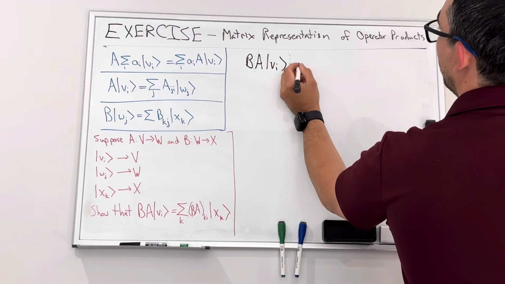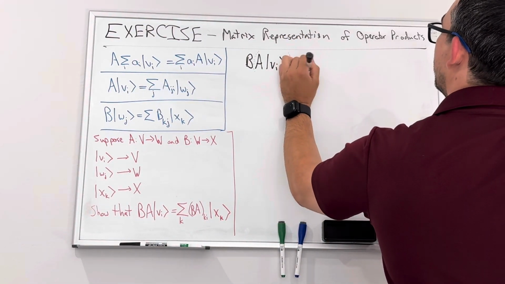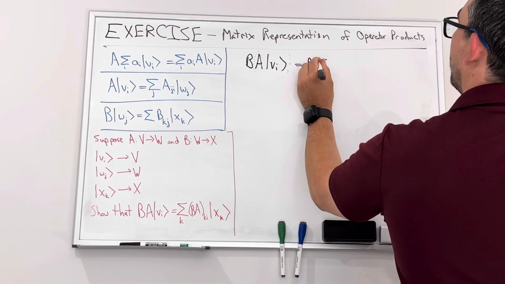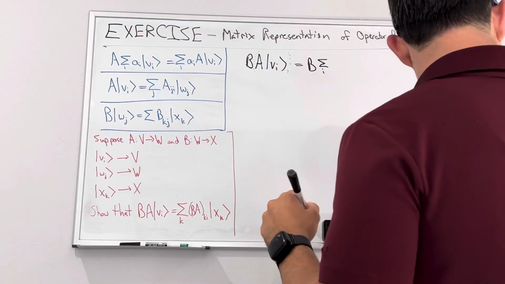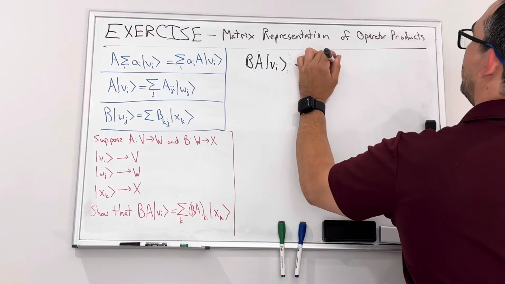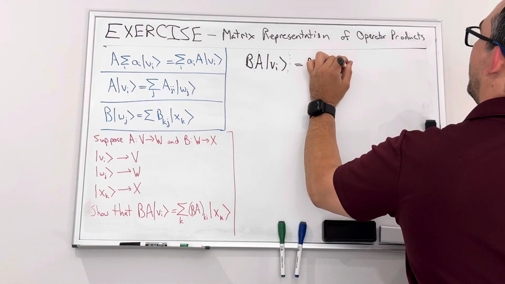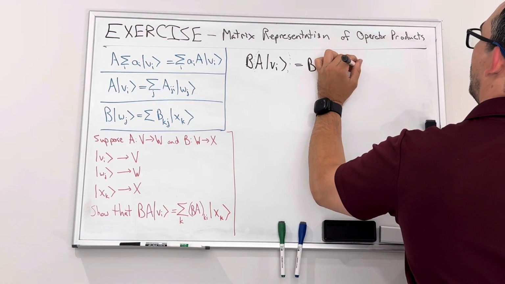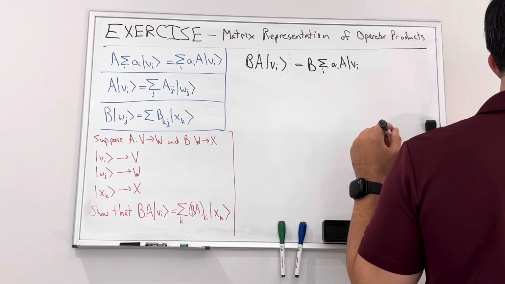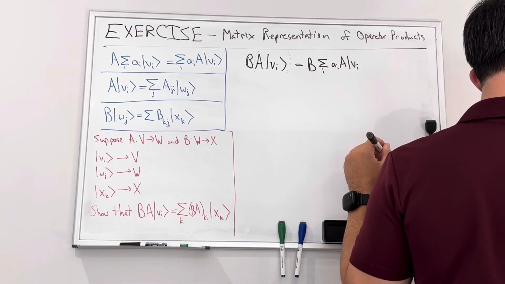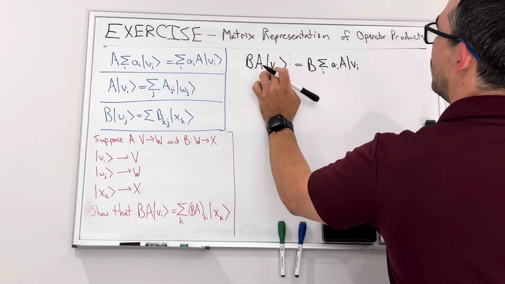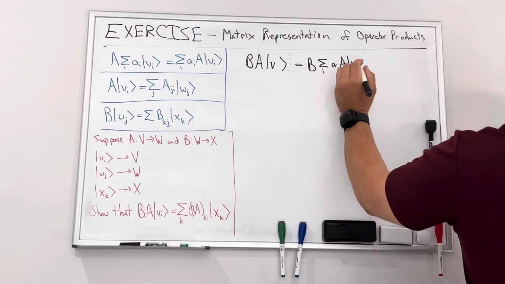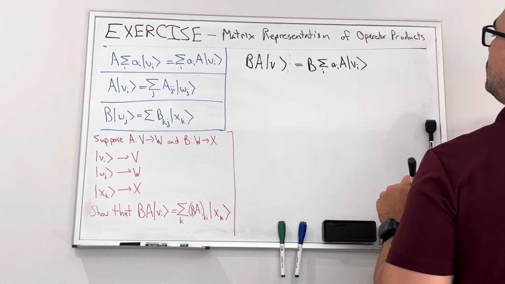And so that is equal to B, with A being applied to V_I, like this.